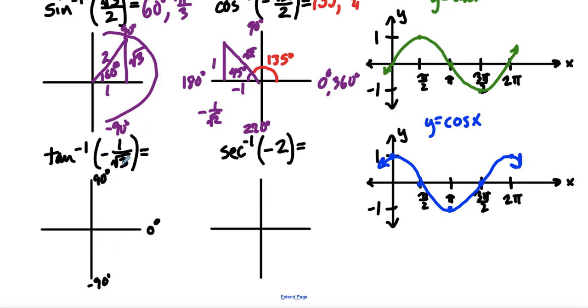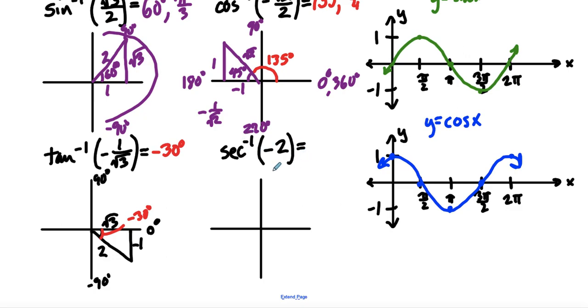Well, in order for tangent to be negative, we've got to go down here because we're going to have opposite of 1 in the negative direction, and then this is going to be square root of 3 here. So we know that this reference angle is 30 degrees, but because it's going in this direction, we're going to think of that as -30 degrees, and so my answer here would be -30 degrees.